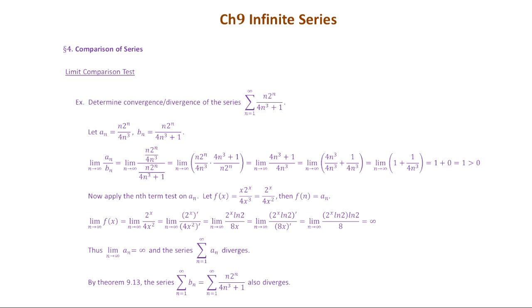If you remember, L'Hopital's rule applies to indeterminate form. Namely, if you have two large numbers divided by each other, or two extremely small numbers divided by each other, and you want to see which one goes faster.